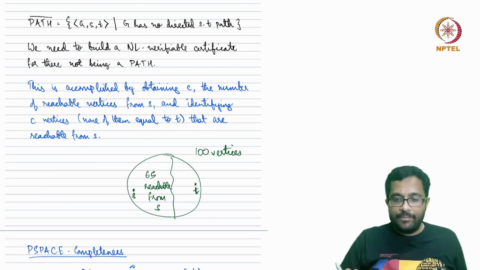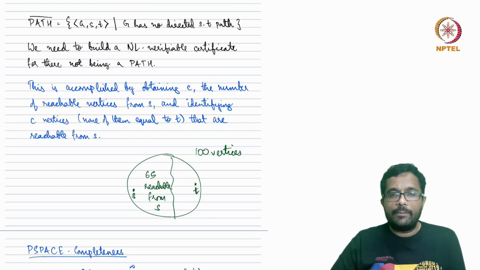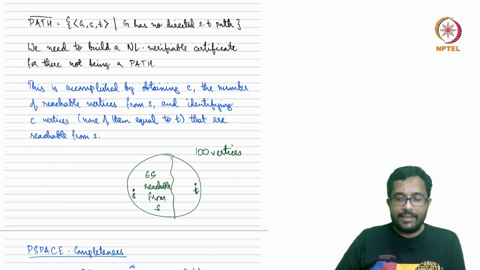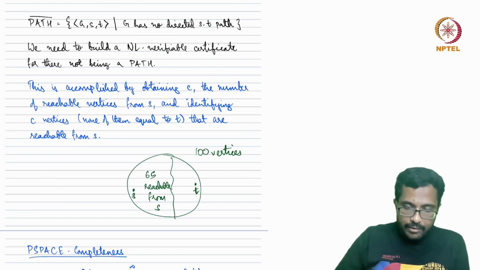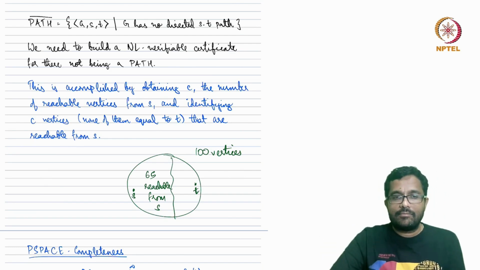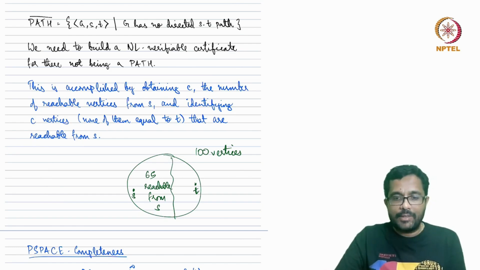So that is the way we prove that NL is equal to co-NL, by giving a certificate that a vertex T is not reachable from a vertex S by this circuitous route. Or, I wouldn't say circuitous because it's a difficult task, so any route is going to be hard.